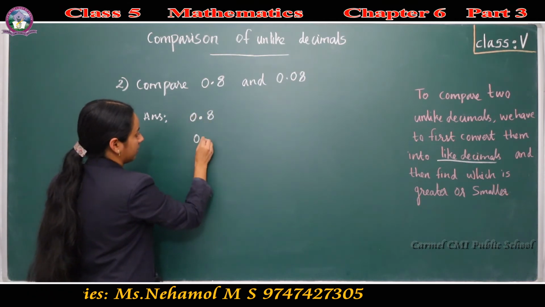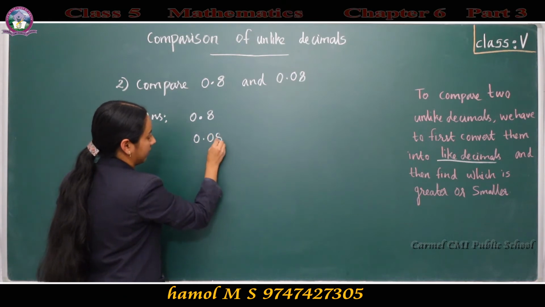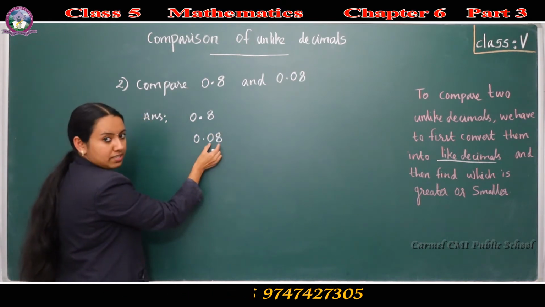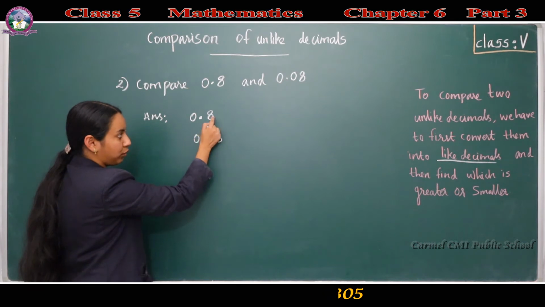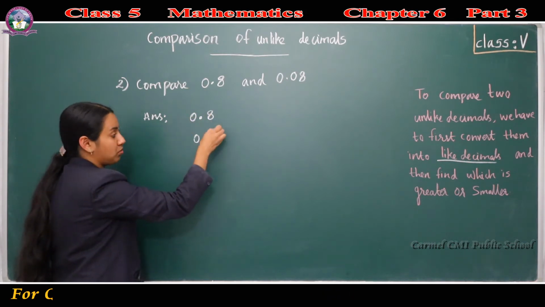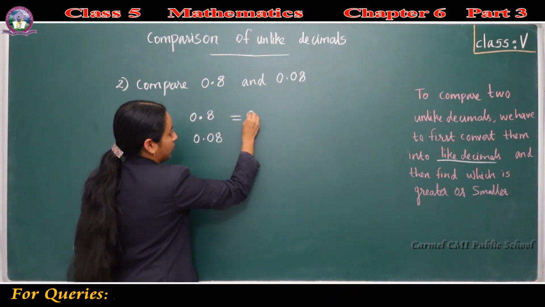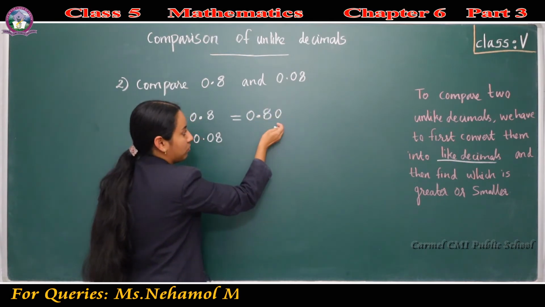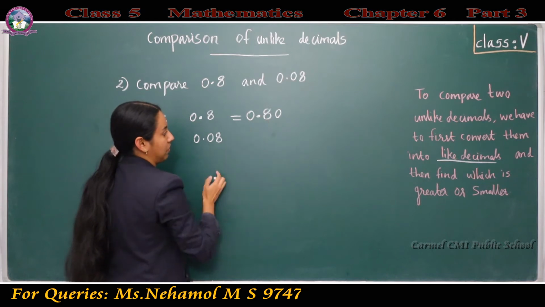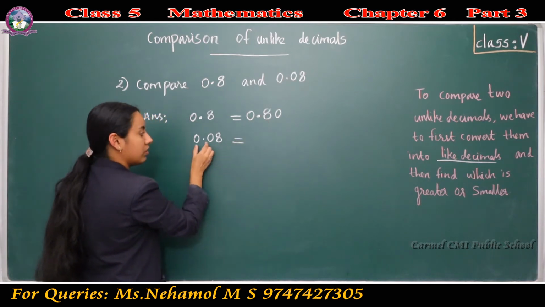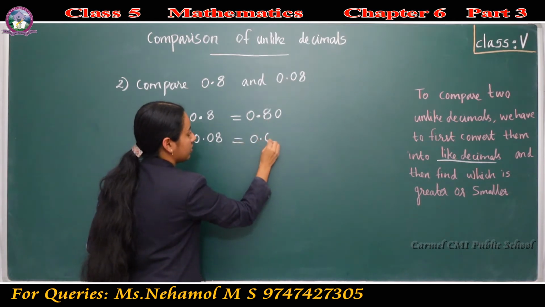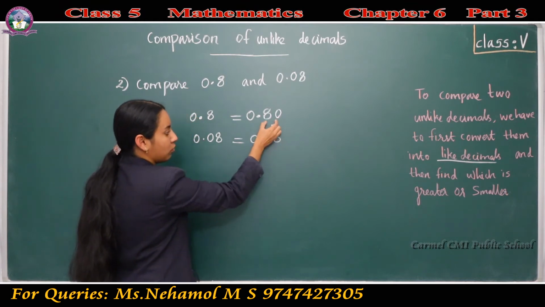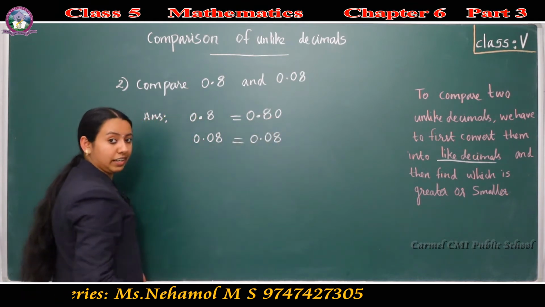Second number 0.08. Two decimal places are here, so we have to make two decimal places in the first number also. 0.80. Put one 0, then two decimal places are there. Then this is 0.08 itself. Now both numbers are like decimals.